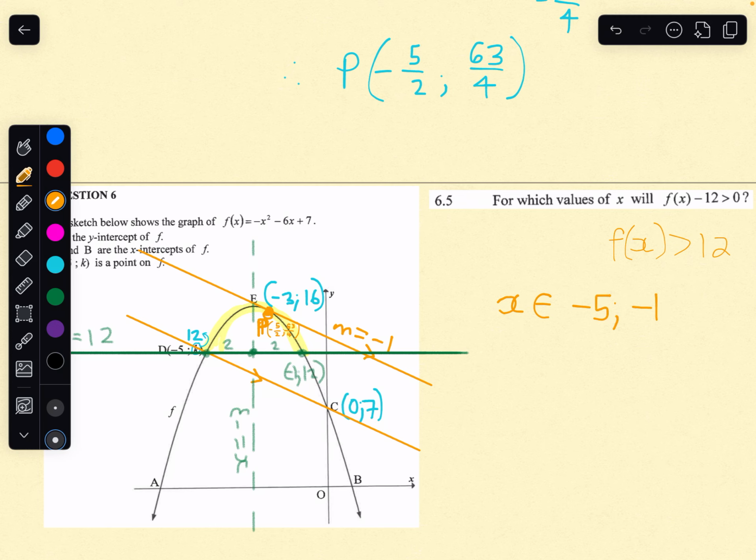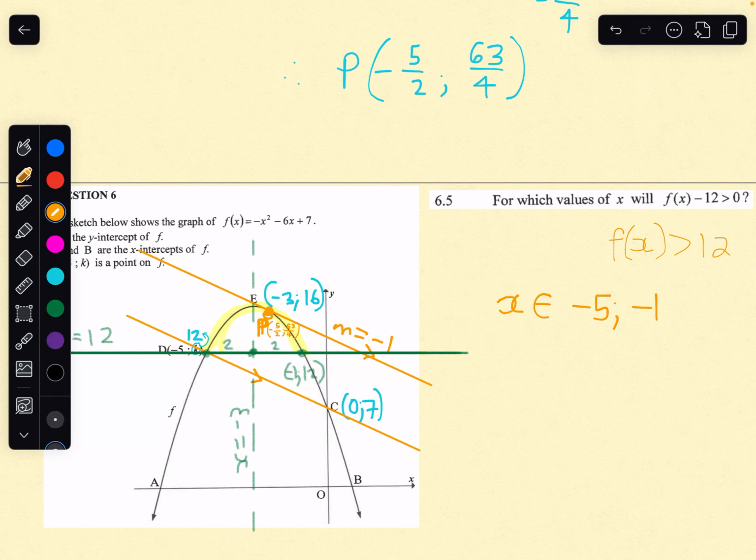And if you've seen my previous videos, you know that I like to leave the brackets out, because it's always important to think about the boundaries. Do we include the minus 5, the minus 1, or do we not? So let's see. When x is equal to minus 5, the graph gives us a value of exactly 12. We are looking for places where the function gives us more than 12. So minus 5 does not qualify.